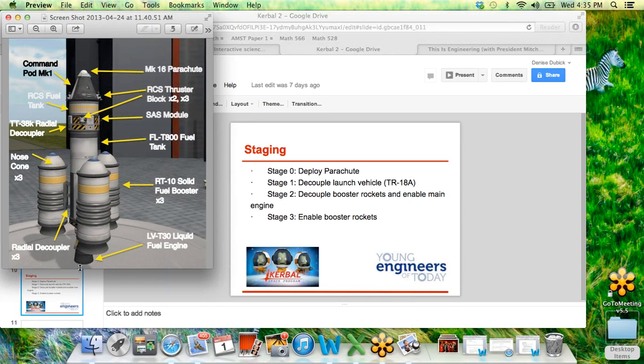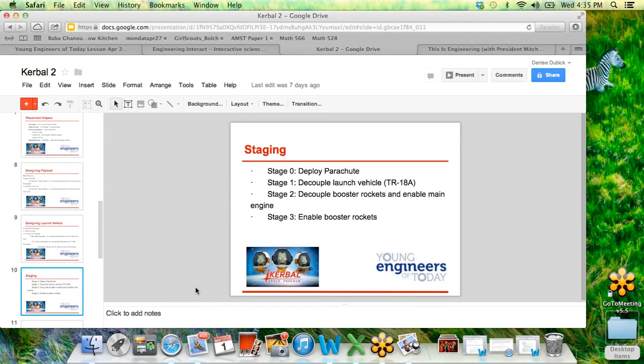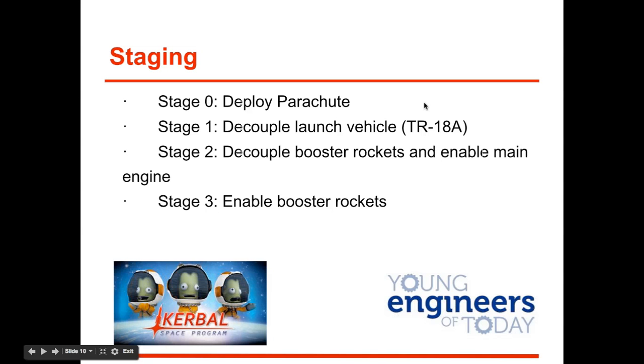Below the fuel tank is a liquid fuel engine. 3 solid fuel engines are attached to the fuel tank by decouplers themselves. And we talked about staging as well. Staging has to do with those decouplers. It's whenever the rocket goes through that physical change, starting with stage 3 and moving to stage 0.